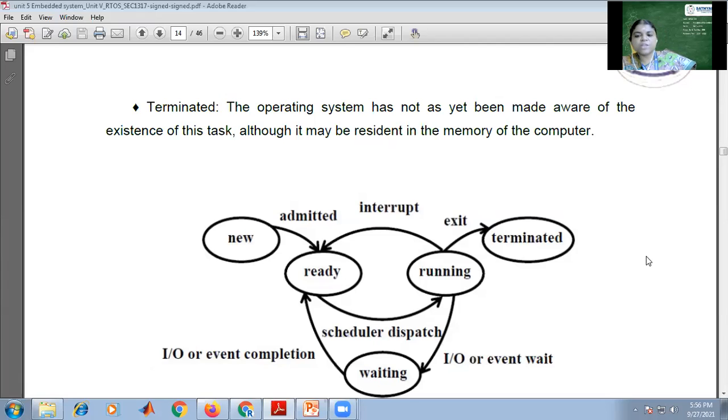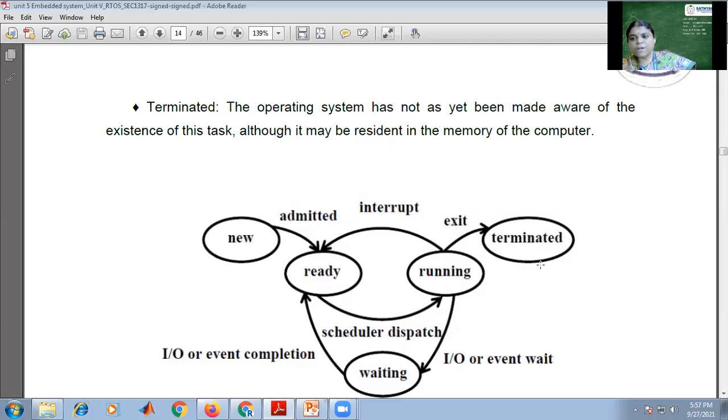So this state is called the terminated state. It's the state in which the OS has not as yet been made aware of the existence of the task, although it will be residing in the memory of the computer. It means once my examination is over, what will be done?